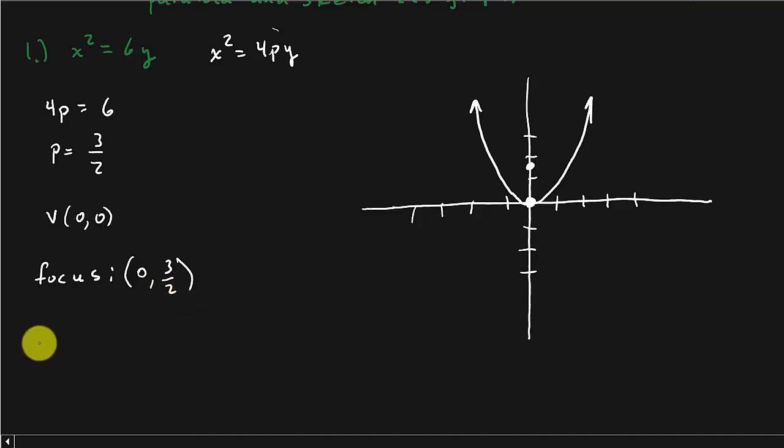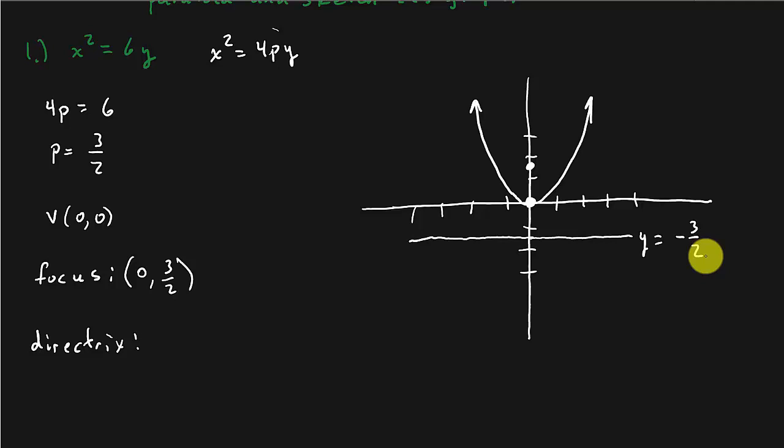And then the directrix, that's going to be a horizontal line. It's p units this way. So it's going to go through this point here where y is negative 3/2. So there's your directrix. Y equals what? Negative 3/2. Remember, a horizontal line, that's the equation y equals.